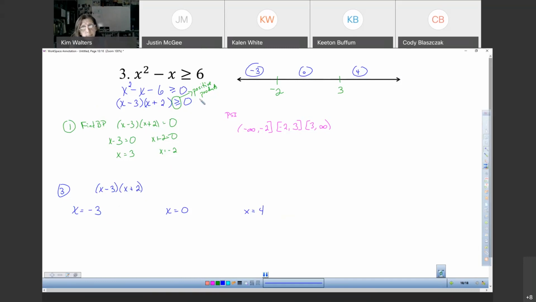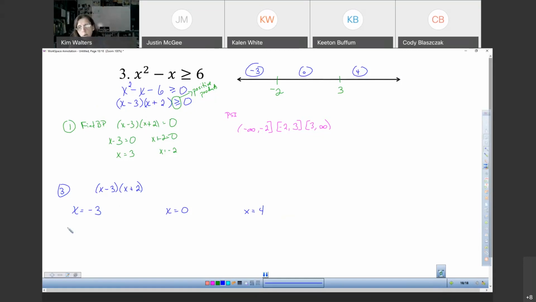Remember, I need that product to be positive, but I'm going back to that factored form. That's where I got my boundary points from, and that's the product I'm going to use to plug in my test points, okay?